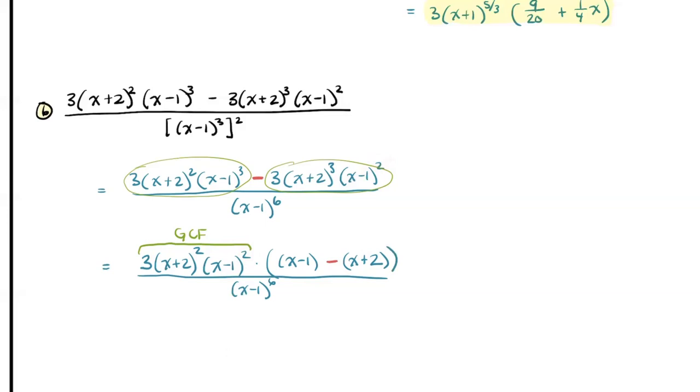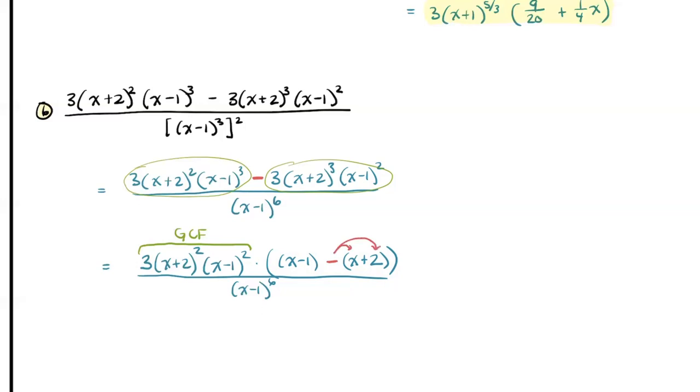All right, now we're not quite done. We want to keep on going. After we have factored out the GCF, can we simplify what's left over anymore? I think we can. If we just distribute the minus sign, we'll be able to combine some like terms.